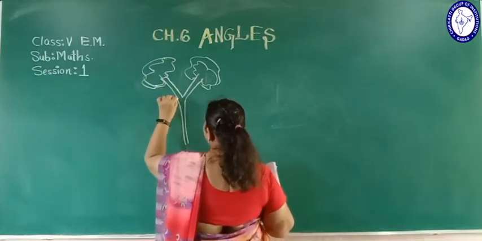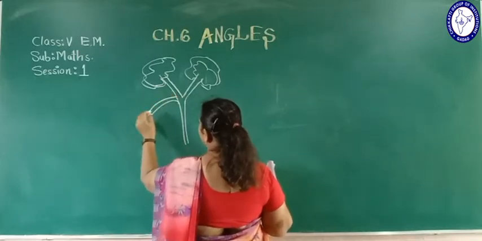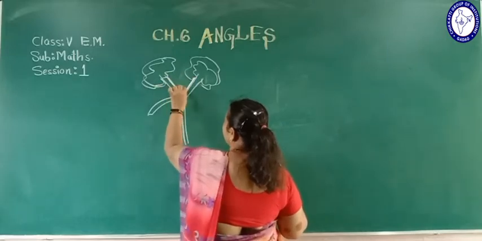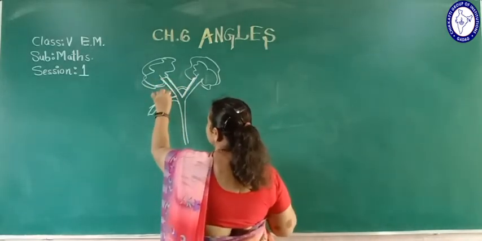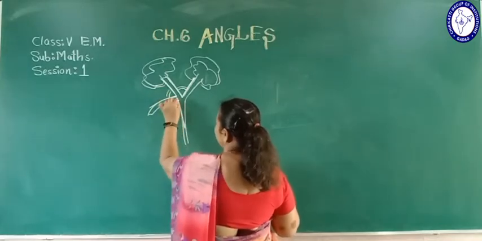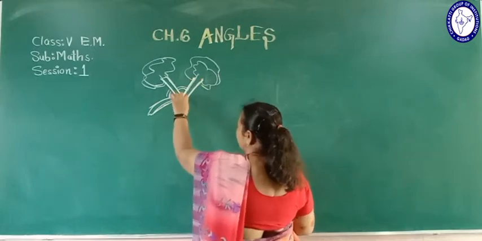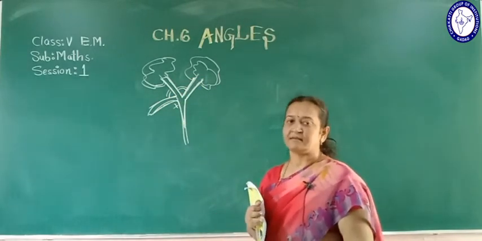Then again we find another bunch here. Then check here. This is the angle formed. Here is the angle. Here the angle is formed. This is the angle. Here if you mark a straight line, an angle is formed. Check this one. So in nature also we find angles.